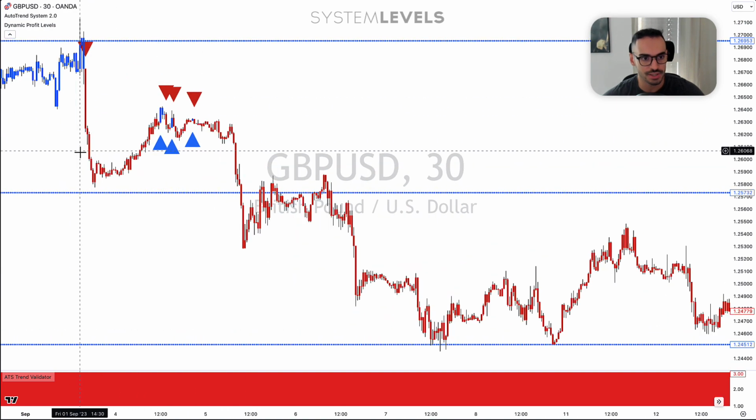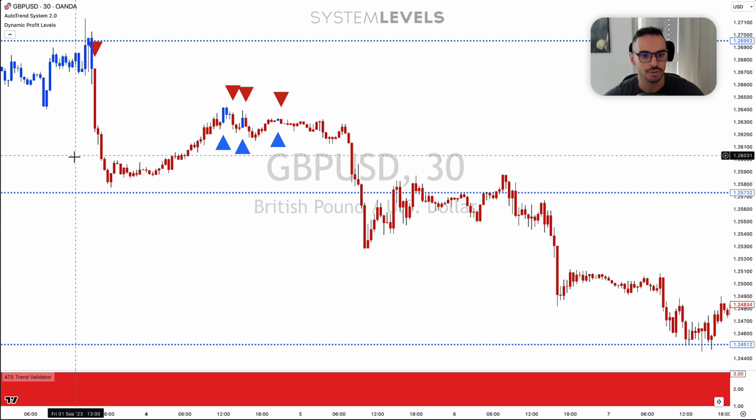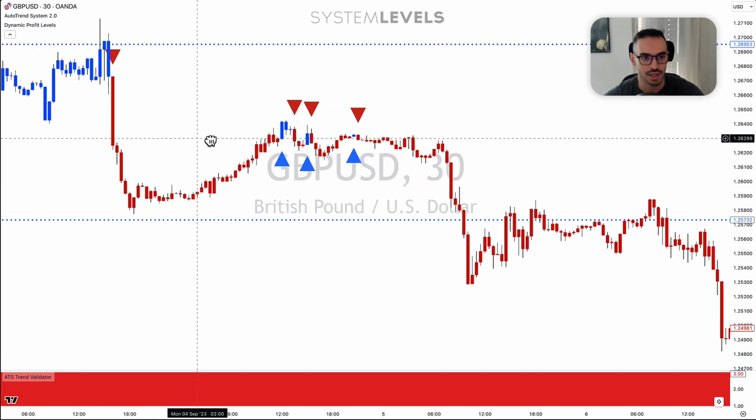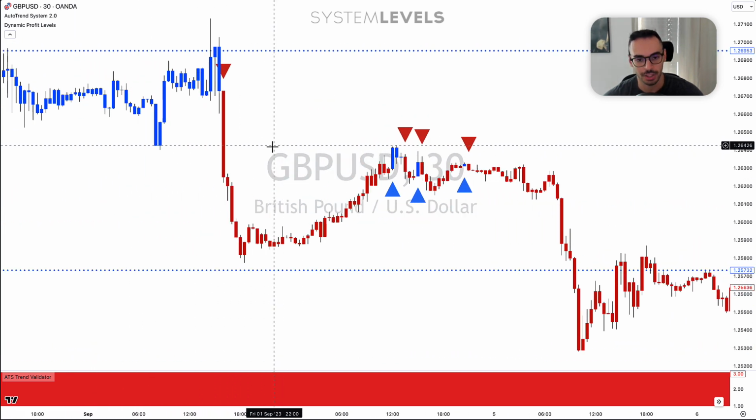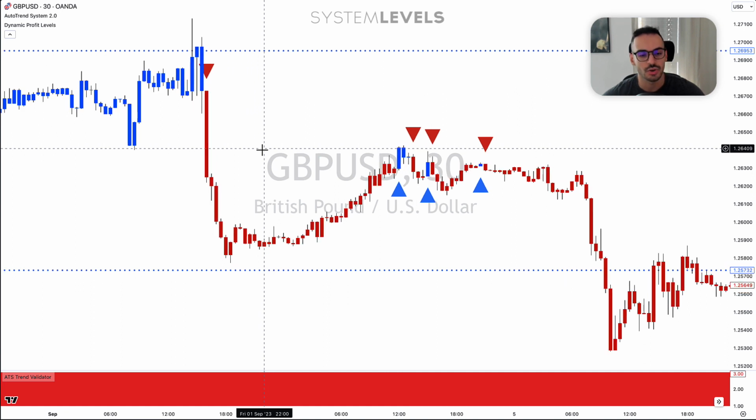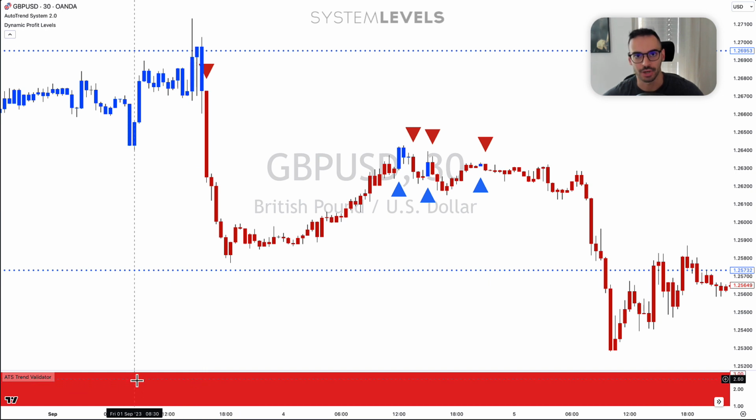What I'm going to do is focus on this area right here because that's the start of our trades. Why is that the start? Well, let's break it down. So we know that the trend validator is red. That tells us that the British pound USD on a higher time frame is going down, right? So it's currently on a downtrend.